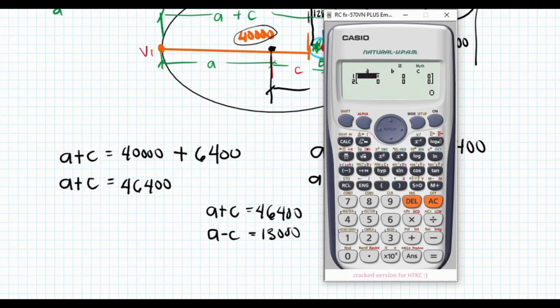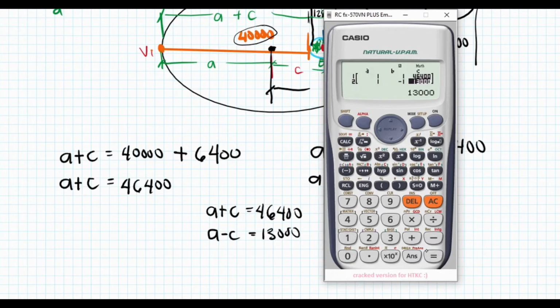Yan. So, lagay mo yung value ni A or value nung coefficient ni A mo ay 1. Coefficient ni B mo ay 1 din. Coefficient naman ni C mo ay 46,400. Okay? Dito naman, coefficient niya ay 1, tapos negative 1, tapos 13,000.